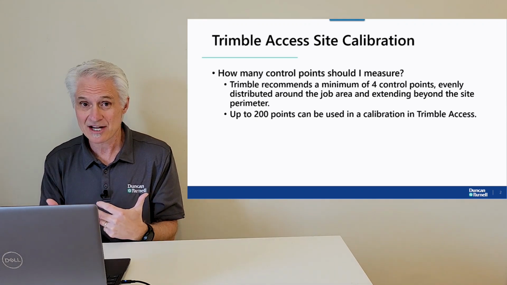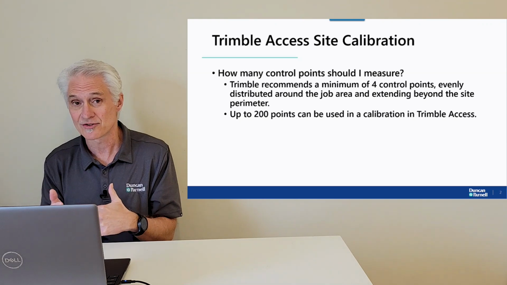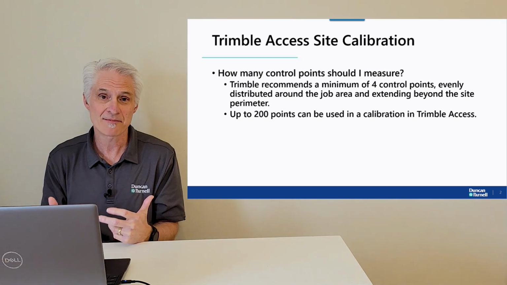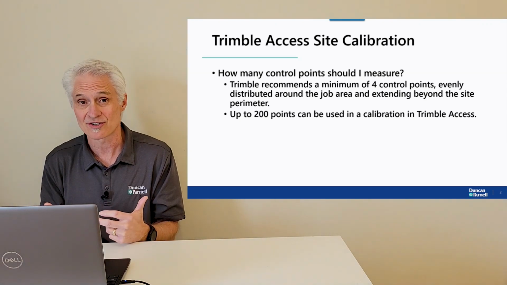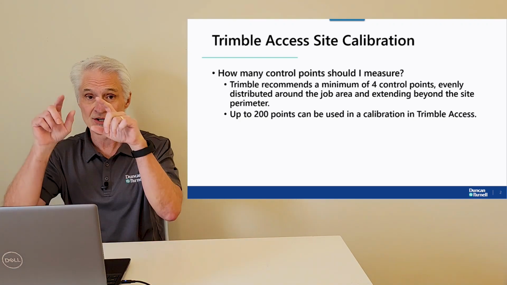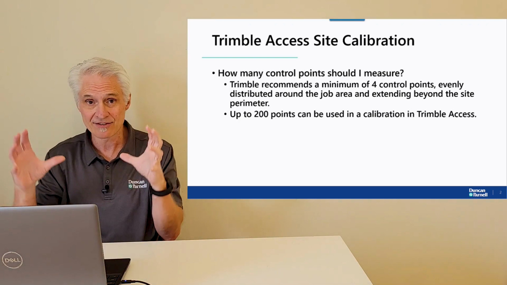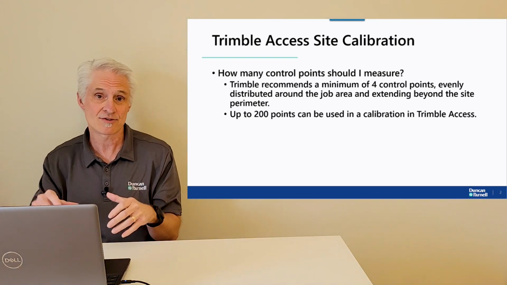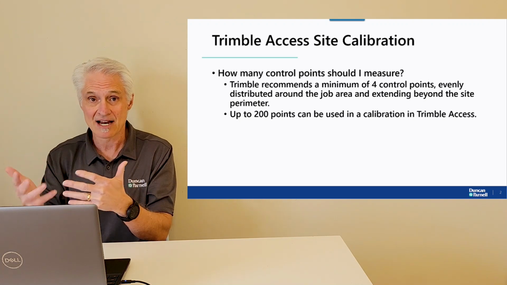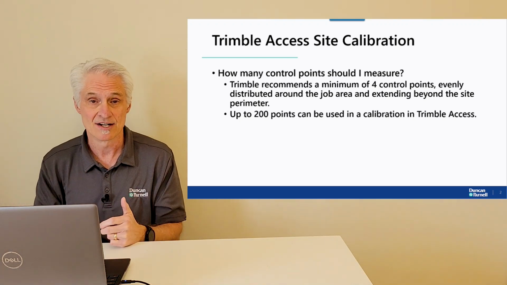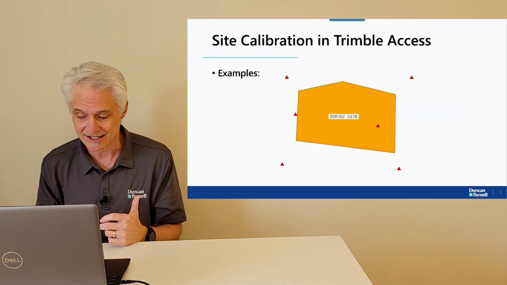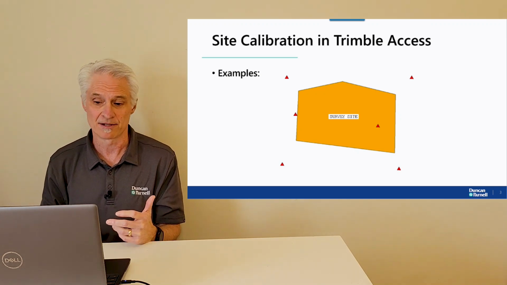Now, Access will actually use up to 200 control points. Most of the time, you don't need that many. Even on a large site with a lot of control, you can just pick points that are evenly distributed and surround your site and calibrate to those and then check into some of the ones that you don't use in the site calibration.